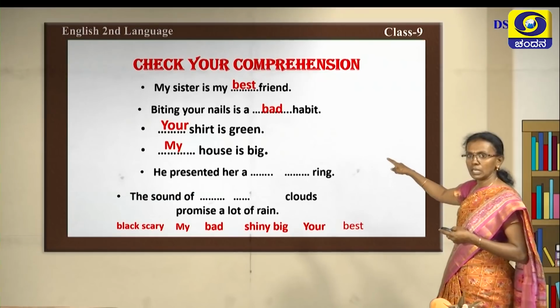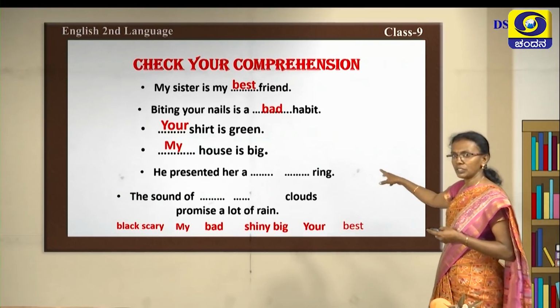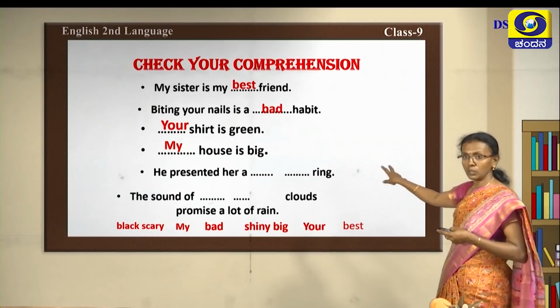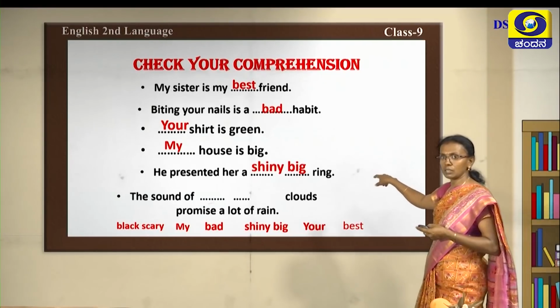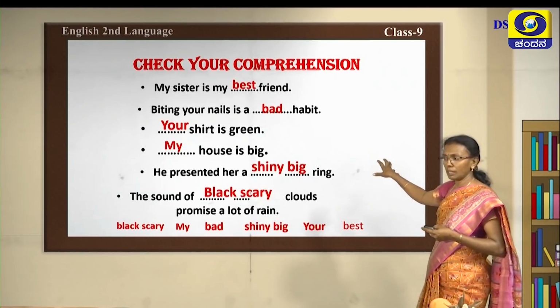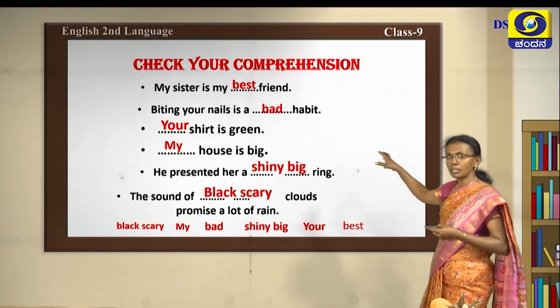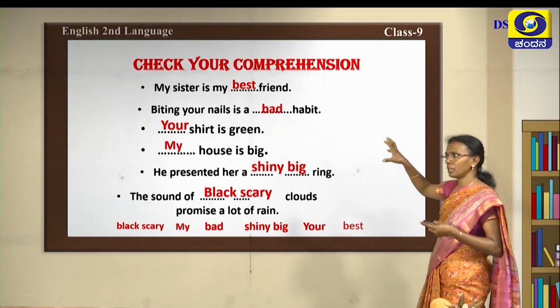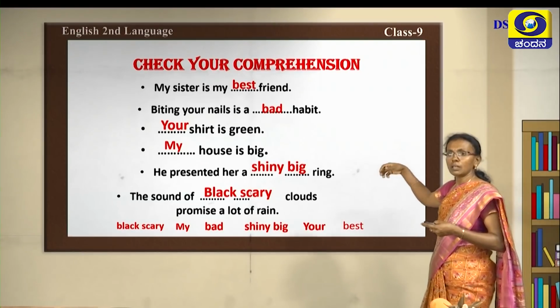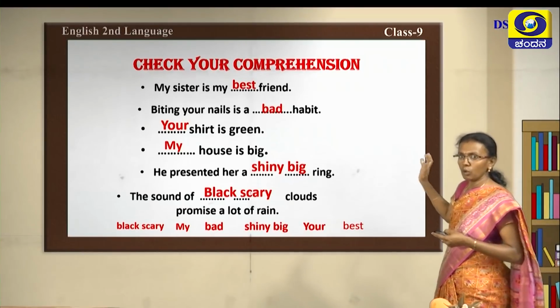And next one is: he presented her dash and dash. What did he present? Shiny, big ring. There are two adjectives. Next one is the sound of, what is that? Black, scary. So black, scary is the sound, or maybe that adjective we can give for the clouds before rains. Clouds promise a lot of rain.